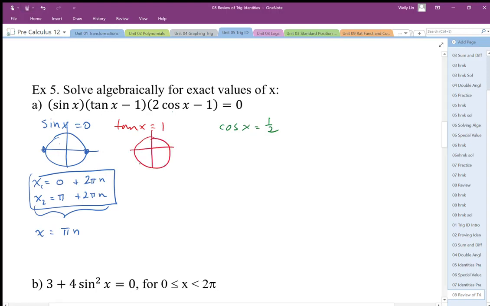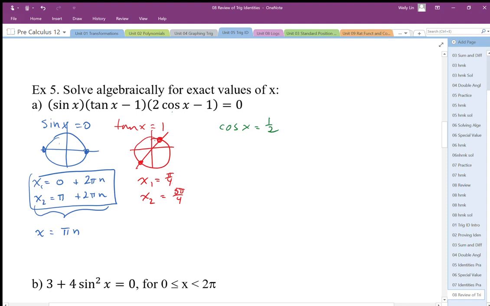tan x equals 1 means the slope is 1. That means we're talking about these two positions here. So x1 is equal to 45 degrees, or pi over 4. x2 is equal to 225, or 5 pi over 4. So again, the same thing's happening here.